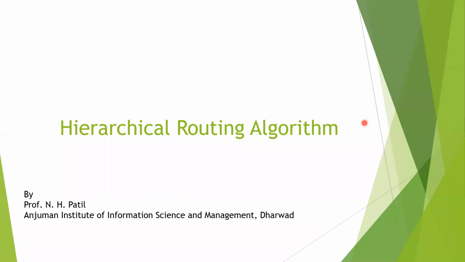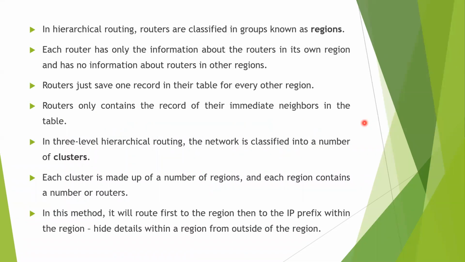When you compare it with the link state routing algorithm, in a link state, if 10 routers are there, then each router will contain the information of all the rest of the routers: how many hops there are, or how much distance it covers.